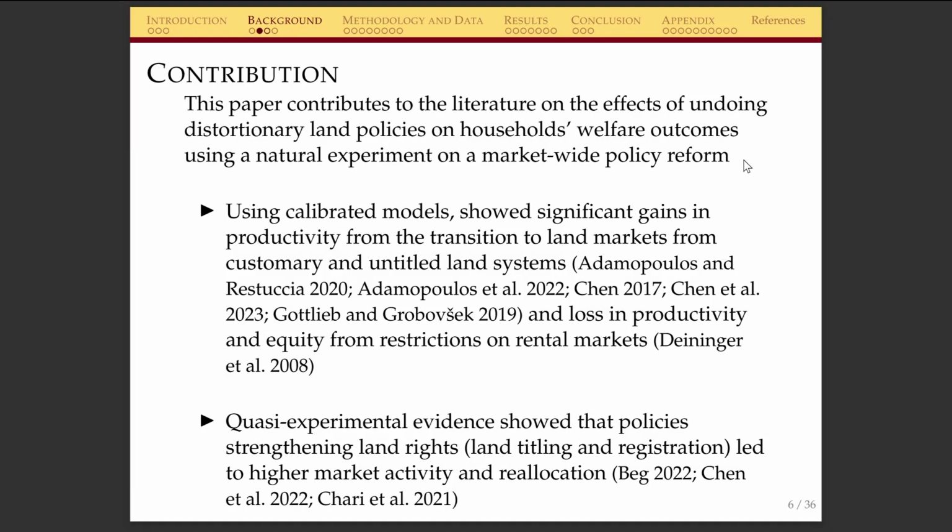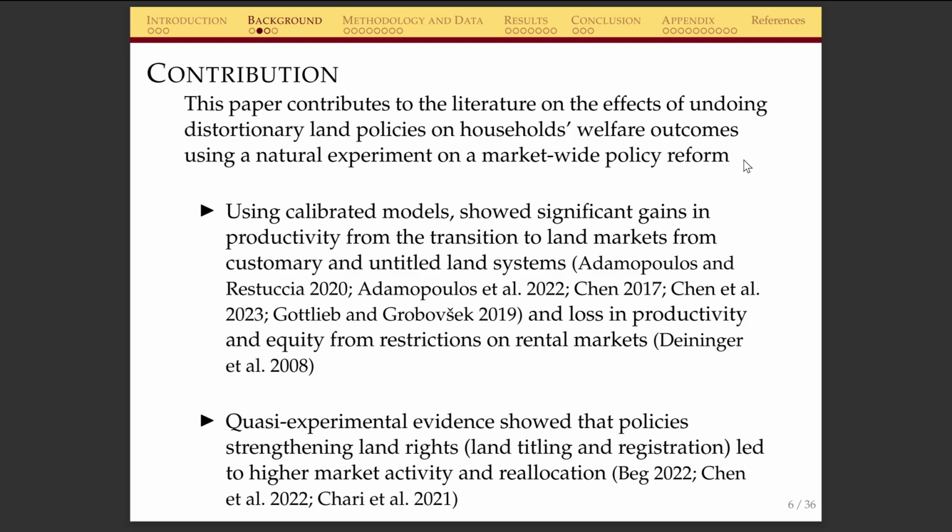So this paper contributes to a lot of the literature that has looked at the effects of undoing distortionary land policies. A lot of the literature has used calibrated models showing significant gains in productivity from the transition to land markets from customary and entitled land systems, and a loss of productivity and equity from restrictions on rental markets.